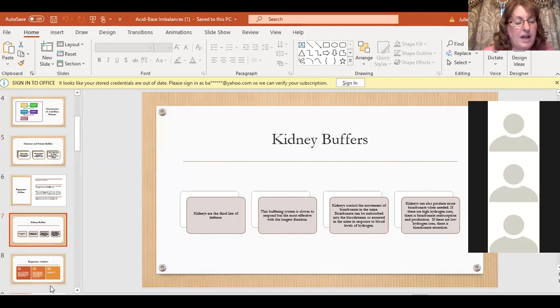So this is what happens: if you have an increased amount of hydrogen ions, if you're too acidic, then bicarbonate is going to be reabsorbed and you're going to produce more, because you want the bicarbonate to neutralize the acid. If you don't have enough hydrogen ions, then you're going to have bicarbonate excretion. So this would be in response to alkalosis.